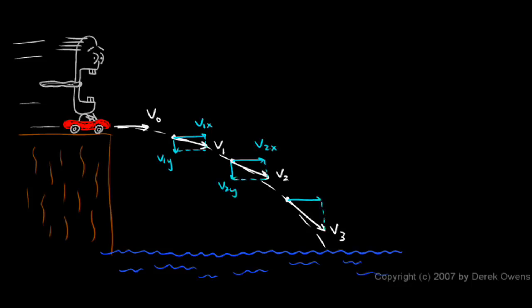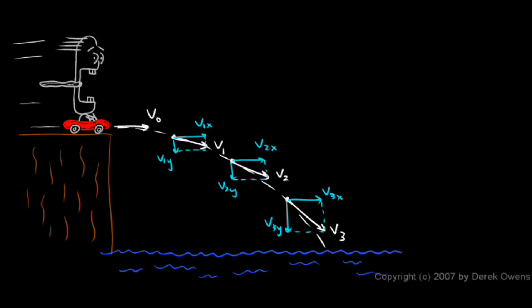And then v3 here has a horizontal component, v3x, and a vertical component, v3y. If I've drawn this accurately, then the horizontal velocity is constant. That means v0 here is the same as v1x and v2x and v3x. All of those are the same.